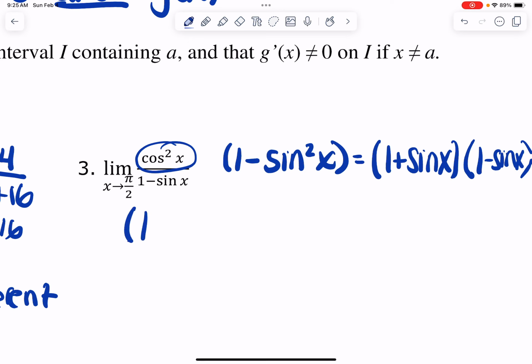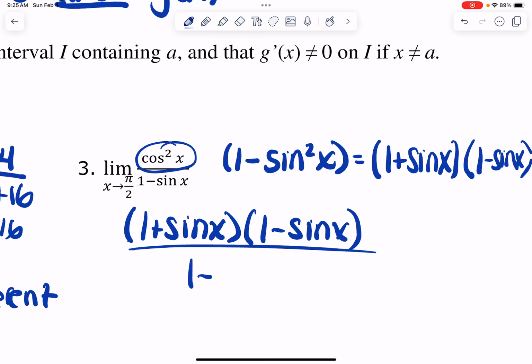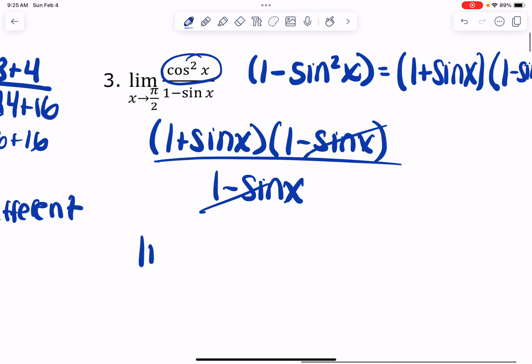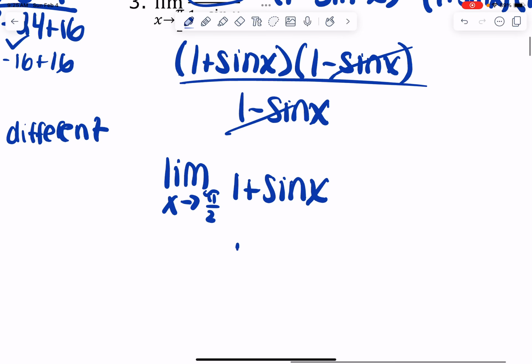Okay? And then on the bottom, here's how it helps. I have 1 plus sine of x times 1 minus sine of x over 1 minus sine of x. The 1 minus sine of x factors cancel out, so I'm just left with the limit as x approaches pi over 2 of 1 plus sine of x.